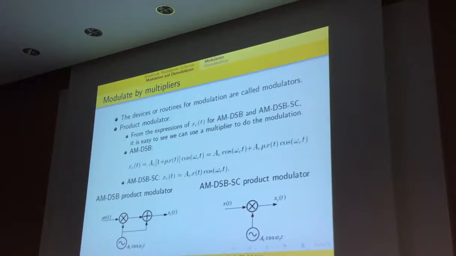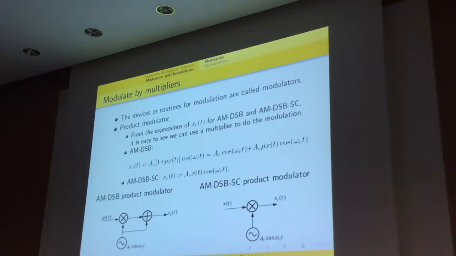Mu is a constant, so it can always be implemented by an amplifier. So the scaled message is multiplied with the carrier signal. At this point, the signal is mu x(t) times the carrier. Then it is summed with the carrier signal, the first term, and this produces the AM-DSB modulated signal.